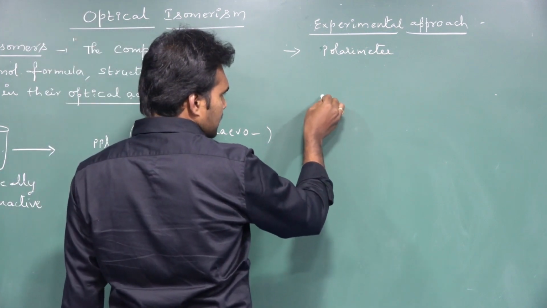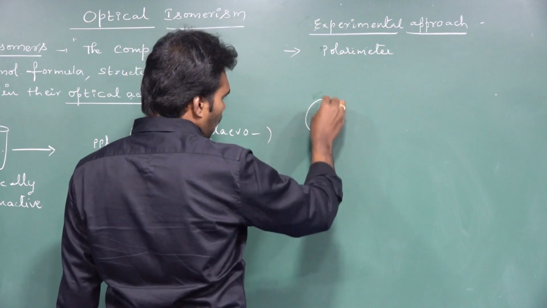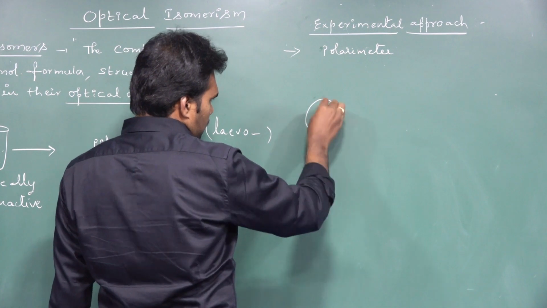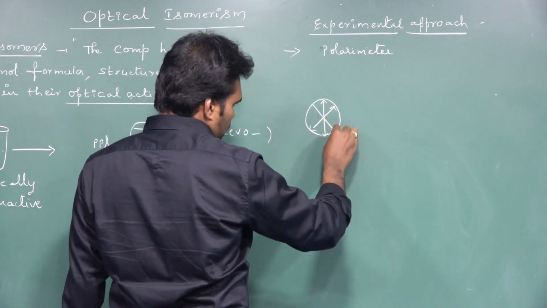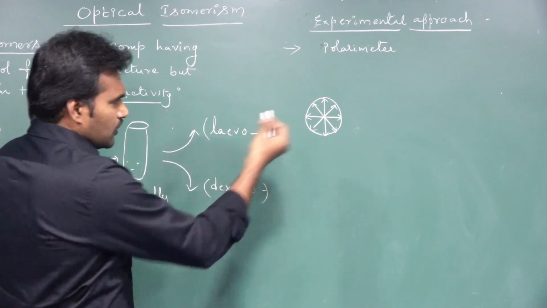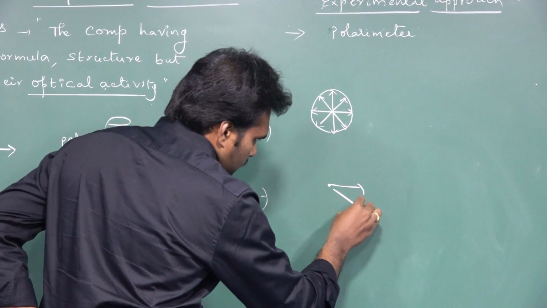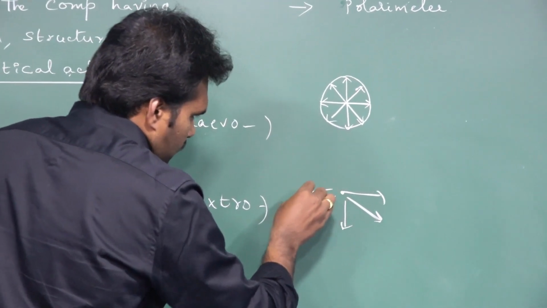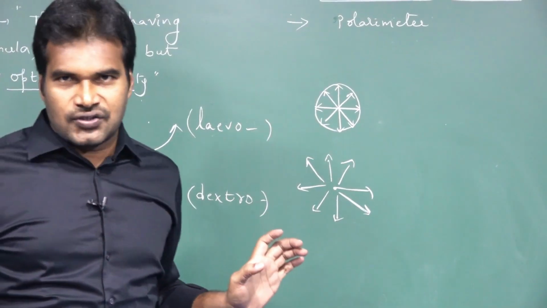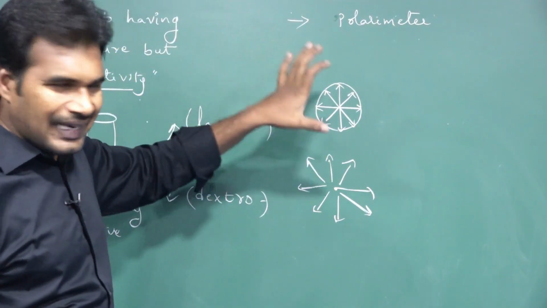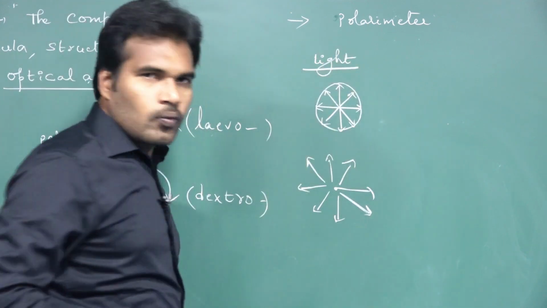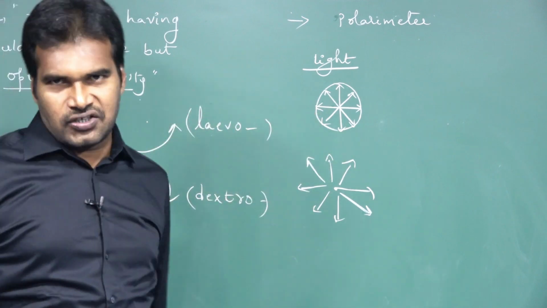Light source means generally the radiations are coming in all the directions. So these light radiations are going in all the directions. Okay, so this is normal light, and I am indicating it with different directions.